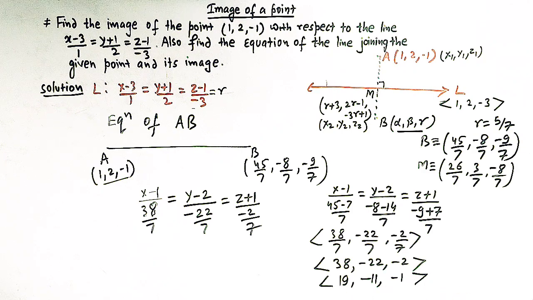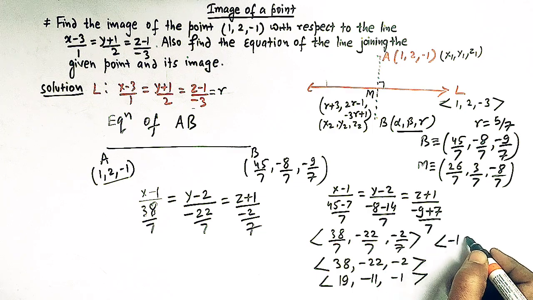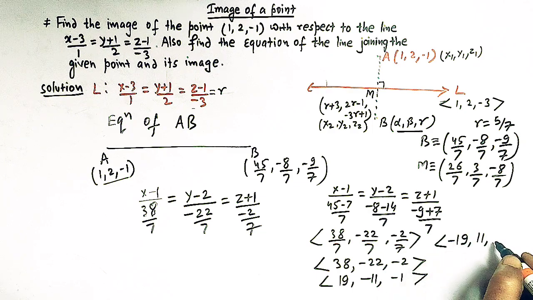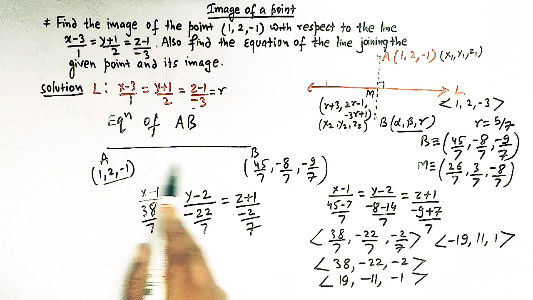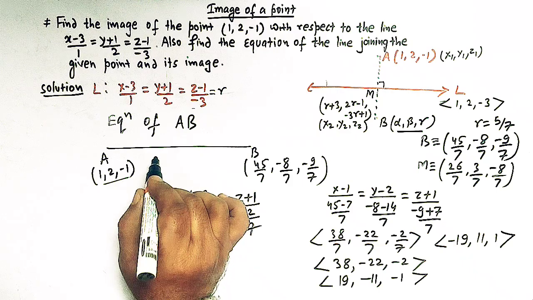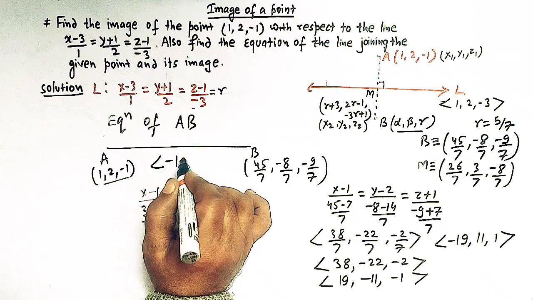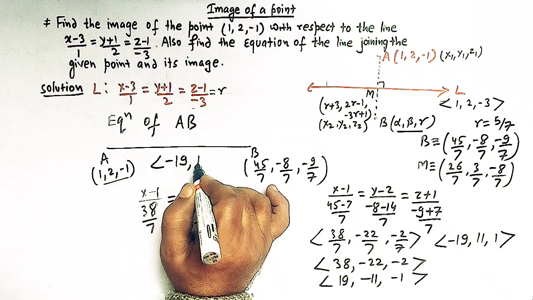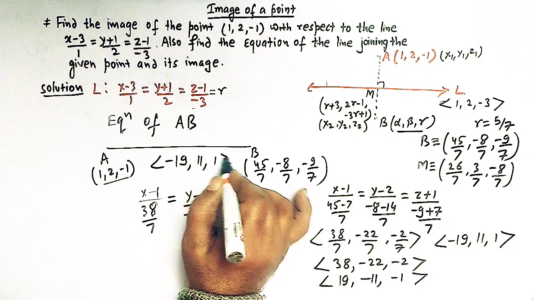And if we again divide these three numbers by minus 1, we can write minus 19, 11, and 1. So the direction ratios of this line AB can be taken as minus 19 comma 11 comma 1.